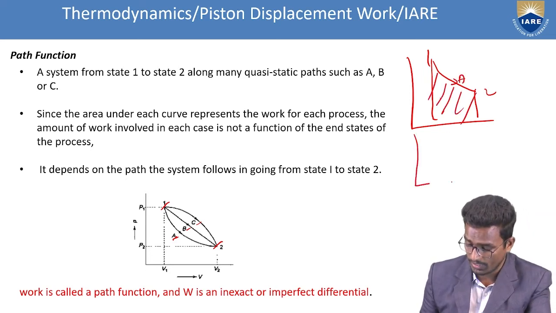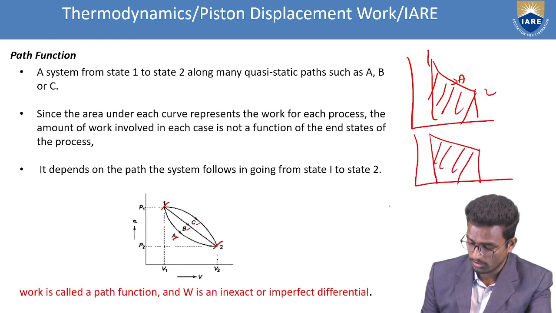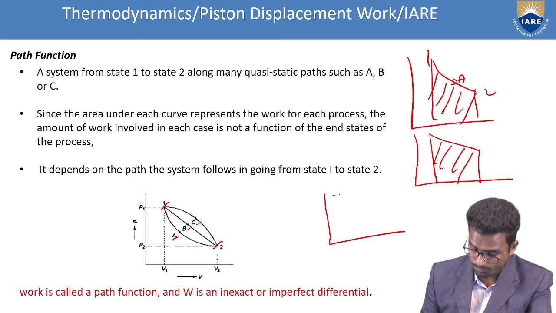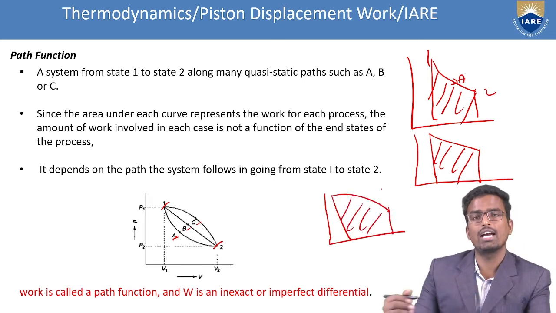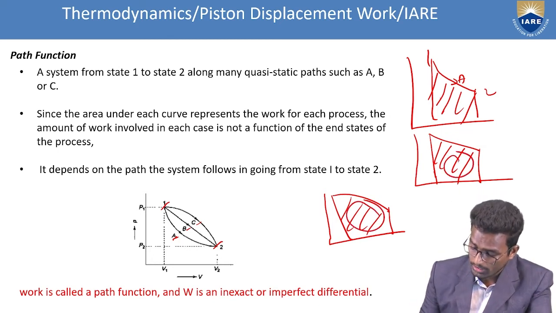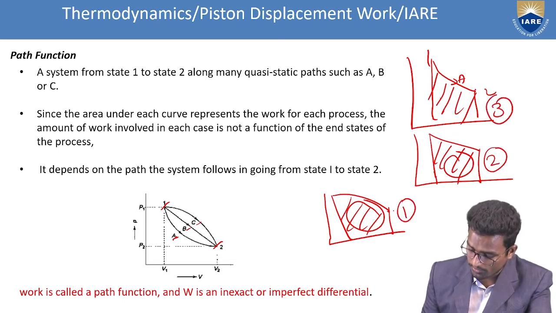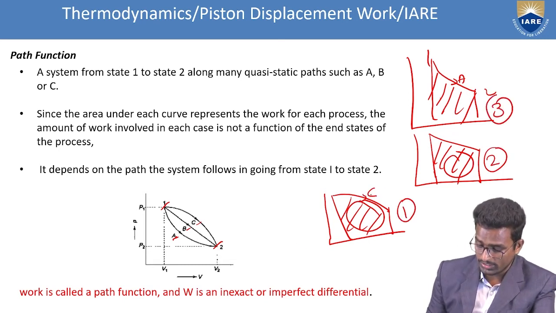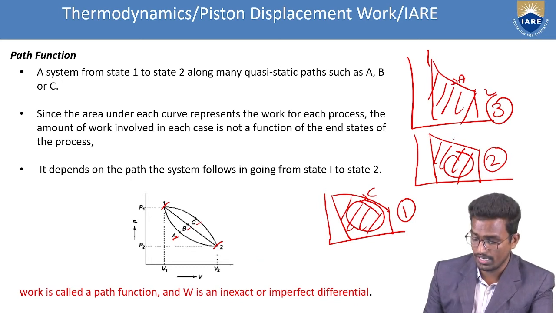For path B, this is the area under the curve. For path C, this is the area under the curve. If this one has more volume, it has more area, this is second, and this is third. So path C has more area.